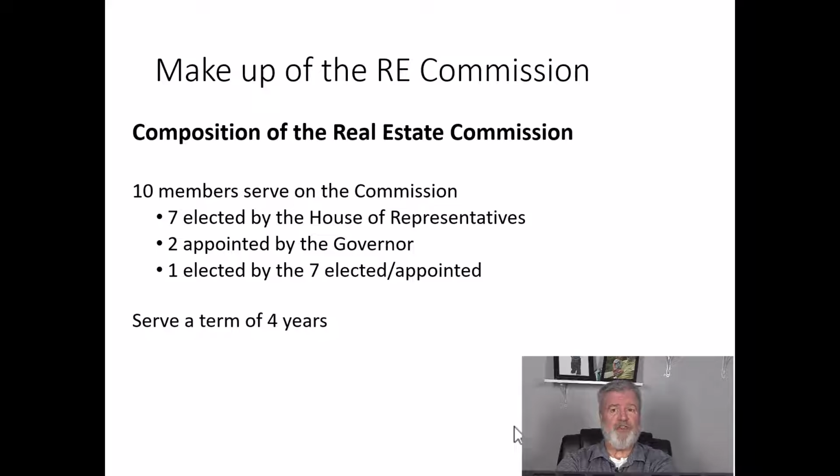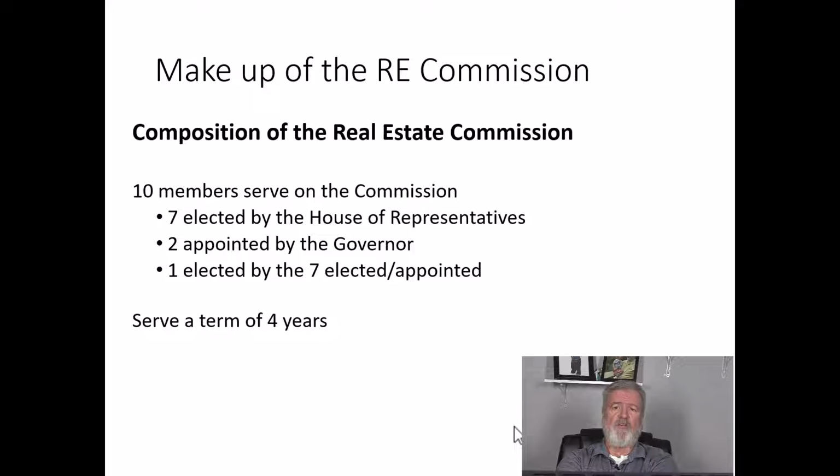So that's how the first 7 are determined. There's one from each congressional district. Again, they're elected by our House of Representatives. And all 7 of them are licensed real estate agents, meaning they actually practice real estate.